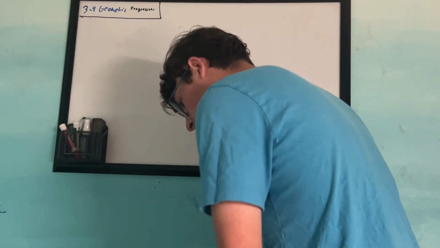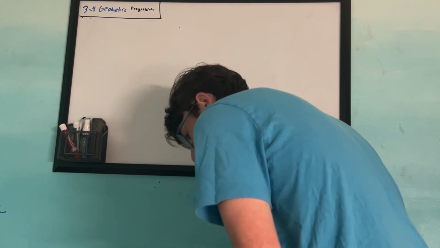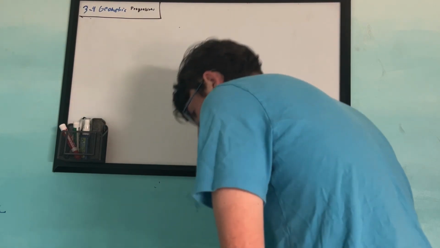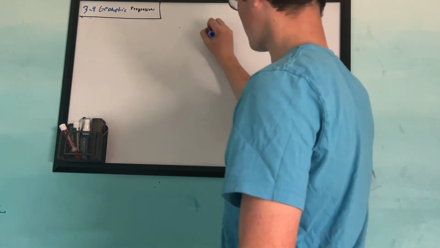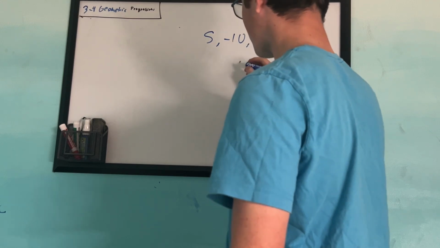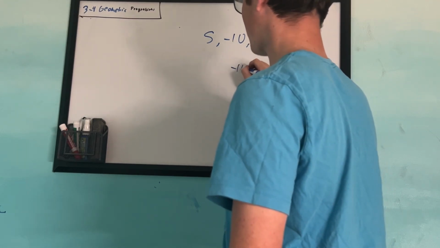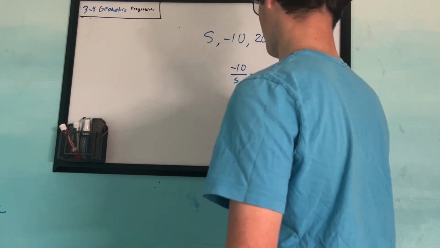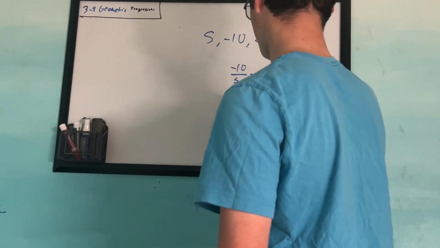Let me give an example of a geometric series. It can also be something like this, where the common ratio is negative 10 over 5, which equals r, and that equals negative 2.